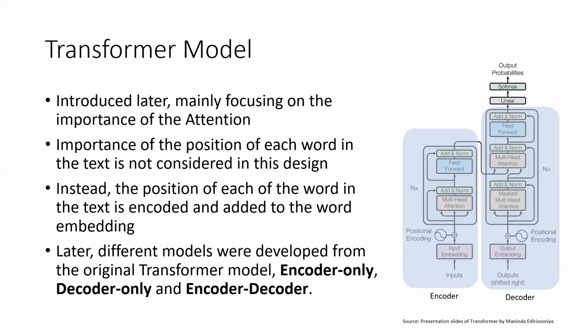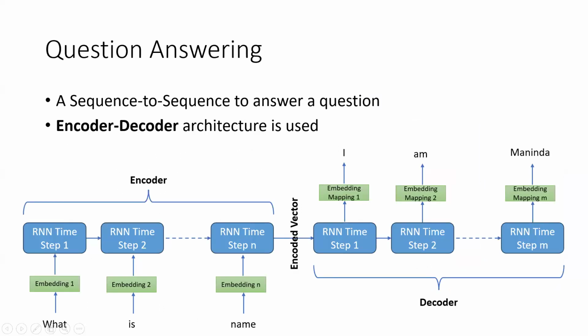After this paper was released, people identified these two components of this model, the encoder and the decoder, which are very similar to the encoders and decoders that we have discussed earlier, right? We discussed that the encoder is something that can take a sequence of words and generate an encoded vector.